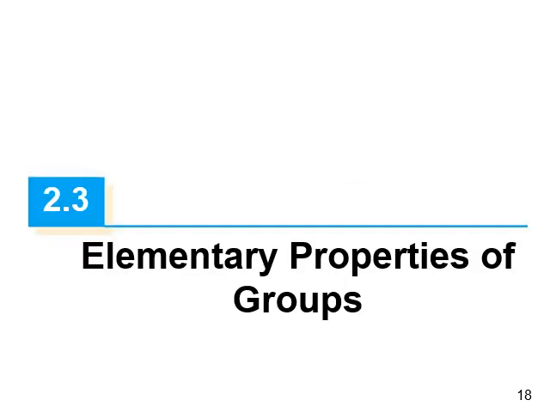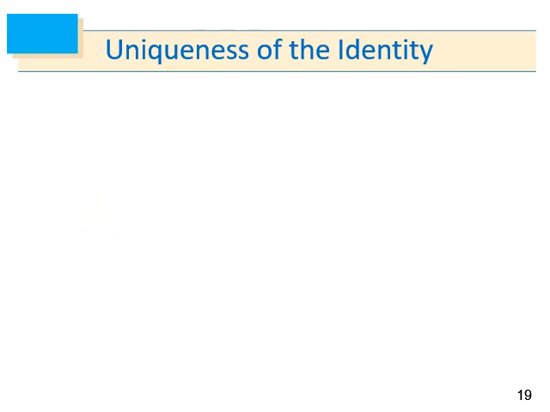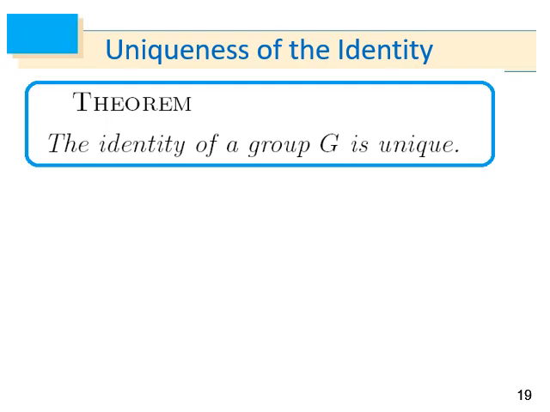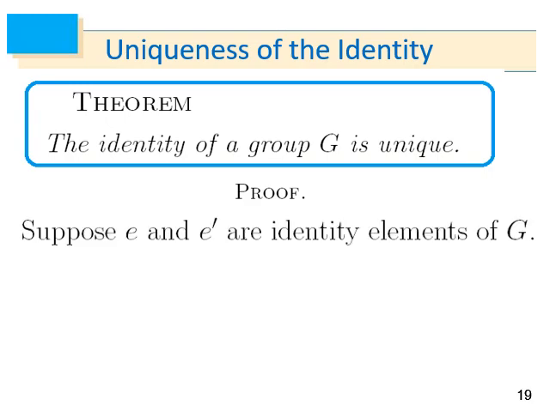Elementary properties of groups. Uniqueness of the identity. The identity of a group G is unique. Proof.